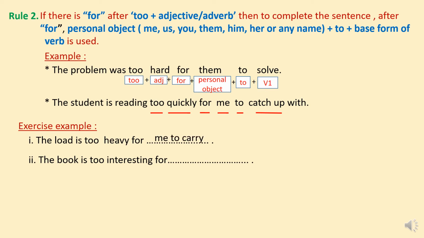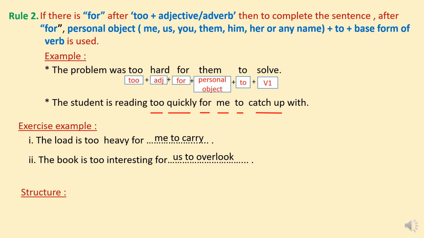That means the load is too heavy that it is difficult for me to carry, isn't it? That is, I can't carry it easily. The book is too interesting for us to overlook. That means the book is so much interesting that we cannot overlook it.